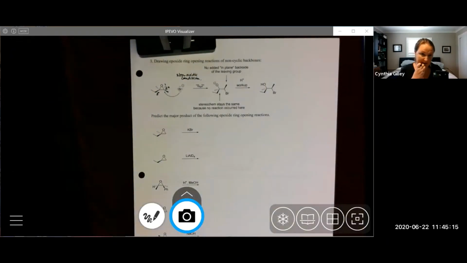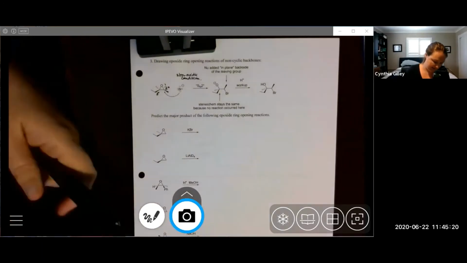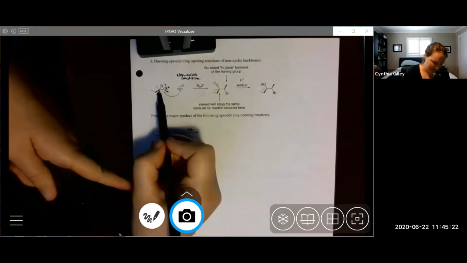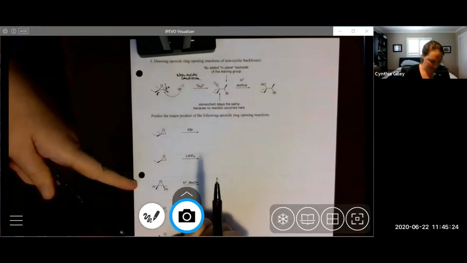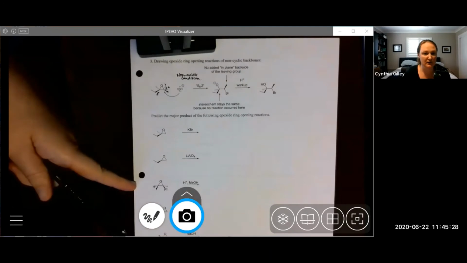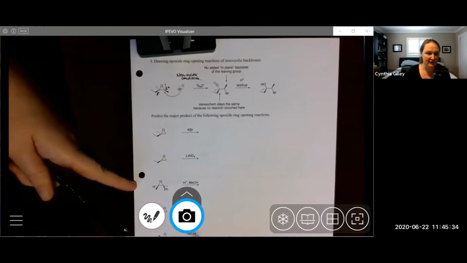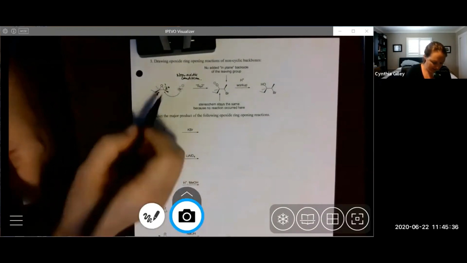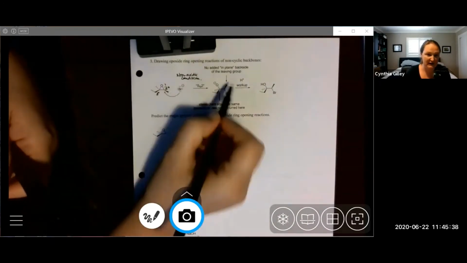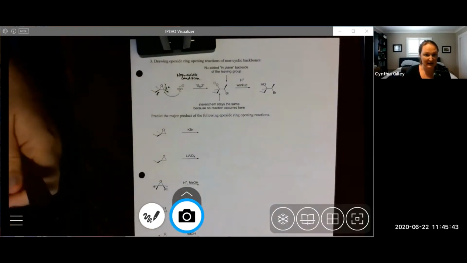Okay, but the weird thing about the way it's drawn, it's easier to see this carbon, which has not been attacked, and the stereochemistry is clearly not changed. Right? So there's no inversion there. This one is a little bit strange, but I promise you it's been inverted. The reason why the wedge is still a wedge is because the group that's switched is in the plane, just by virtue of where it is.